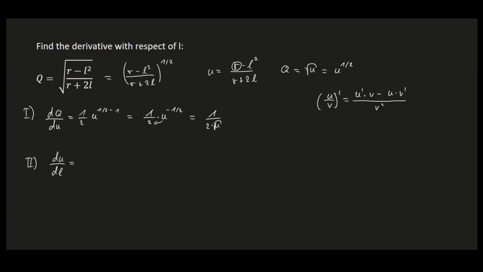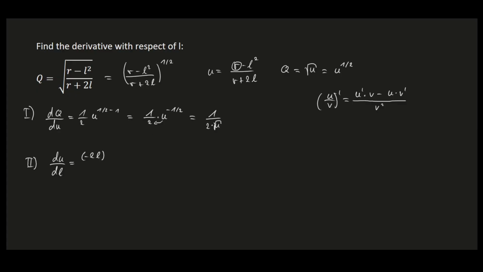And when we differentiate the letter l squared here, we have to use the power rule, so it's minus 2l, just like in the first step with our u.